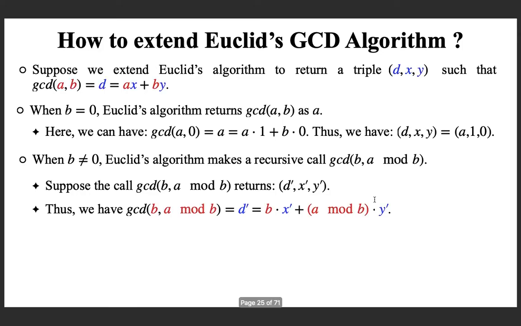Now observe that this is exactly what this equation is telling us. The GCD of two values a and b is d, means it can be written as the first argument into x plus the second argument into y if the returned triplet is d, x, y. But here the returned triplet is d prime, x prime, y prime. So the GCD d prime can be written as the first argument into x prime plus the second argument, that is this, into y prime.